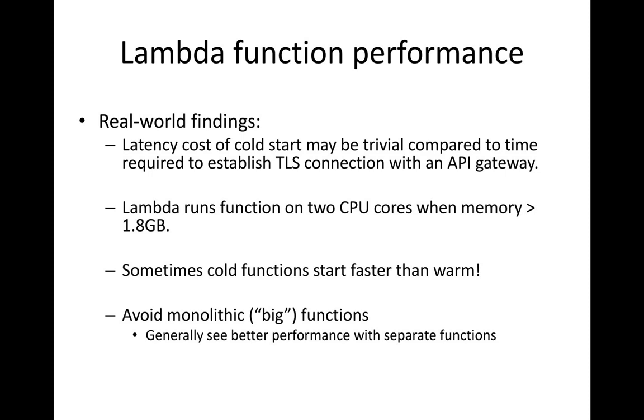That's not always the case, however, and you have to test to make sure that it makes a difference. Also remember that the more memory you allocate to the function, the more expensive it's going to be, the more it's going to cost.